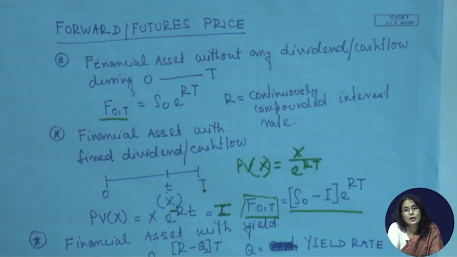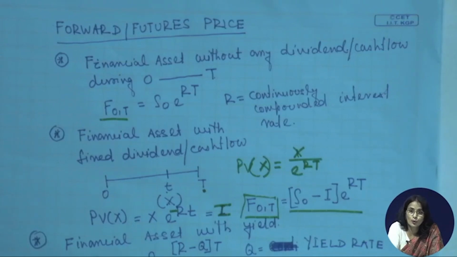Suppose we want to buy a financial asset 6 months from now, and today we have to quote a price. So what should be the price? During these 6 months we are not expecting any cash flow out of this particular investment if we choose not to go for the futures contract, but we go for option 2, that is buying the underlying asset and holding it till the 6 months.